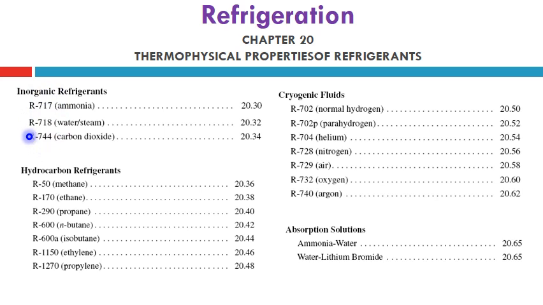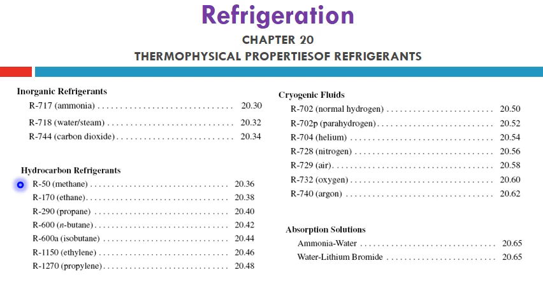It should be clear that this is the 700 series of inorganic refrigerant series. Then we will switch to hydrocarbon refrigerants, which are based on pure hydrocarbons such as methane, ethane, propane, n-butane, isobutane, ethylene, and propylene.